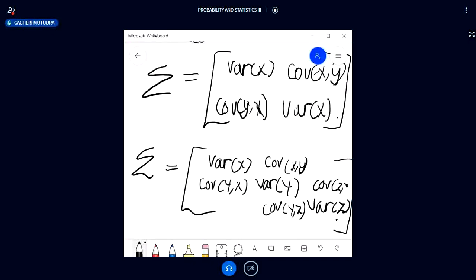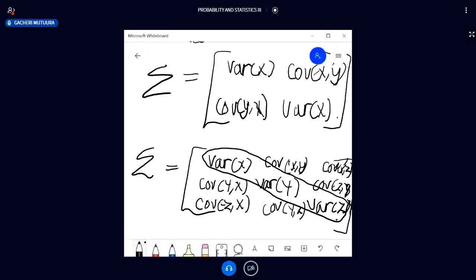Here you'll have the covariance of xz, and here the covariance of zx. So you're going to notice that these values will always be equal. These two covariances will be the same, these two will be the same. And then on this leading diagonal, we are going to have the variances.